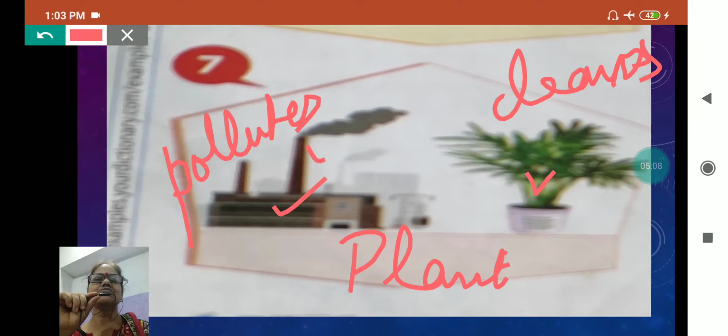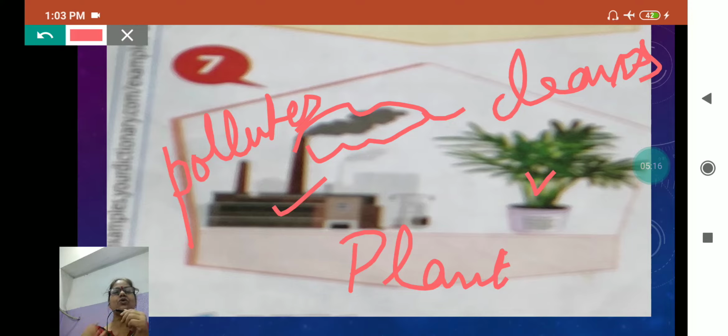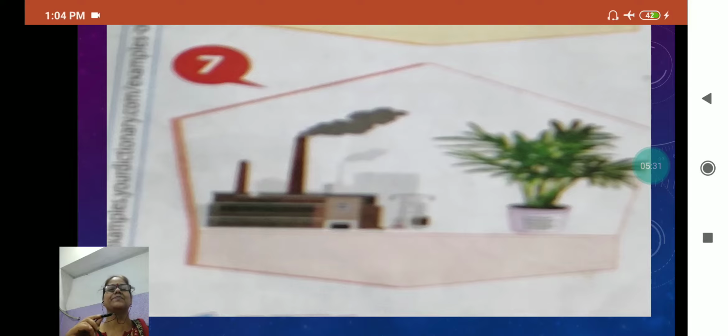How? See, smoke is coming out. With smoke, dust also comes out. So dust and smoke pollute our atmosphere, and this plant cleans our atmosphere. So it is told that we should plant more and more plants to keep our earth clean.